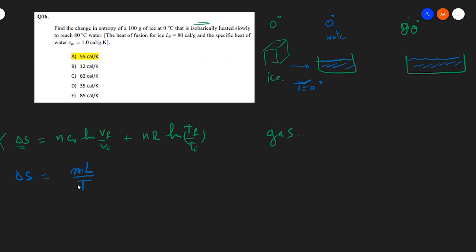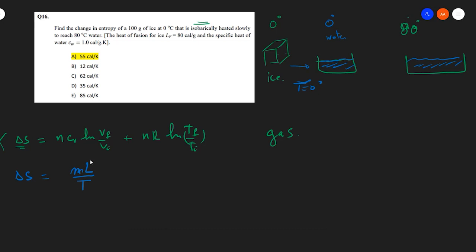Should I use plus or minus here? This one is heated, so it's gaining energy. Q, which is ML, the heat, is positive because the heat is gained by the system.